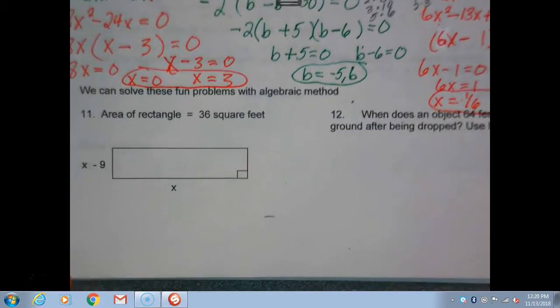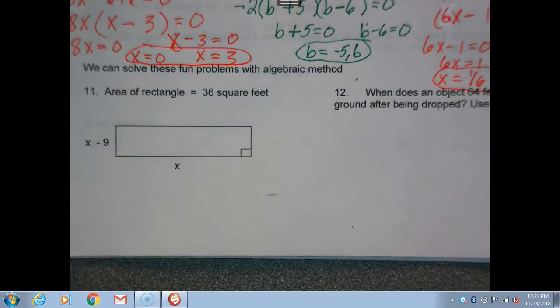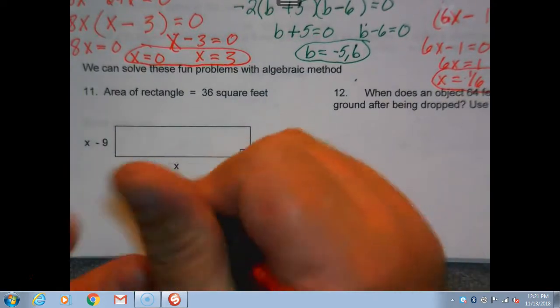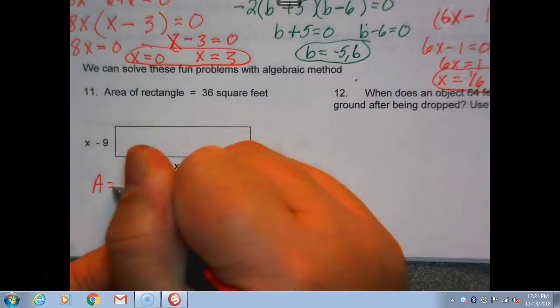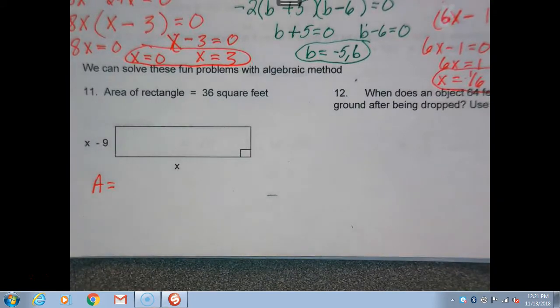Number 11. How do I find the area of a rectangle? Come on, you guys know this. Even Nate knows this one. Area of a rectangle.